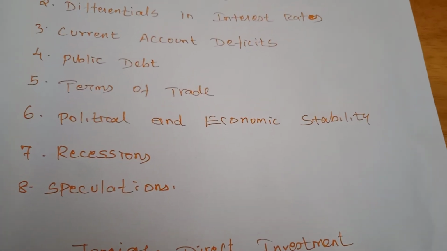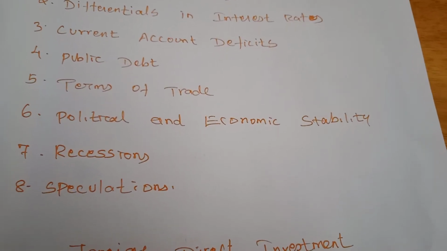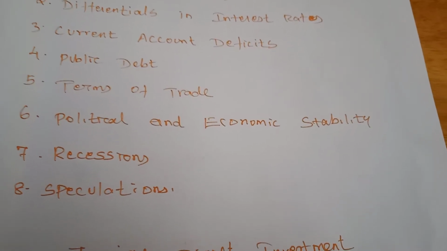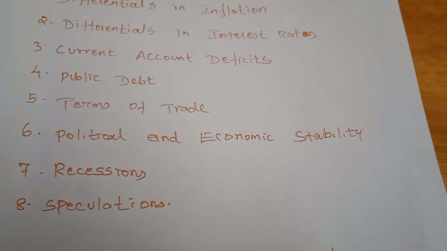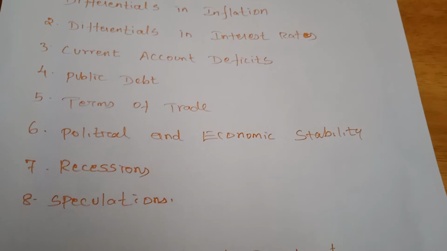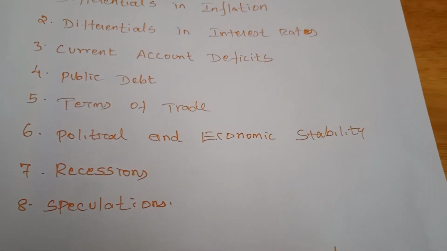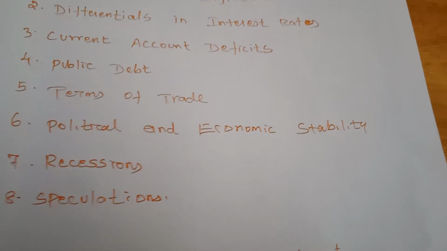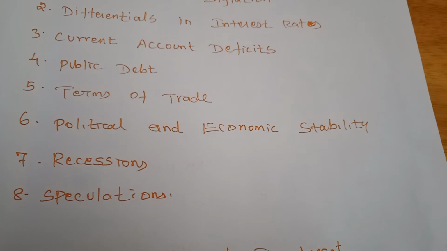If a country's currency value is expected to rise, investors will demand more of that currency in order to make a profit in the near future. Suppose a foreign investor predicts that the value of our money is going to increase, he will come to our nation to make the investment.